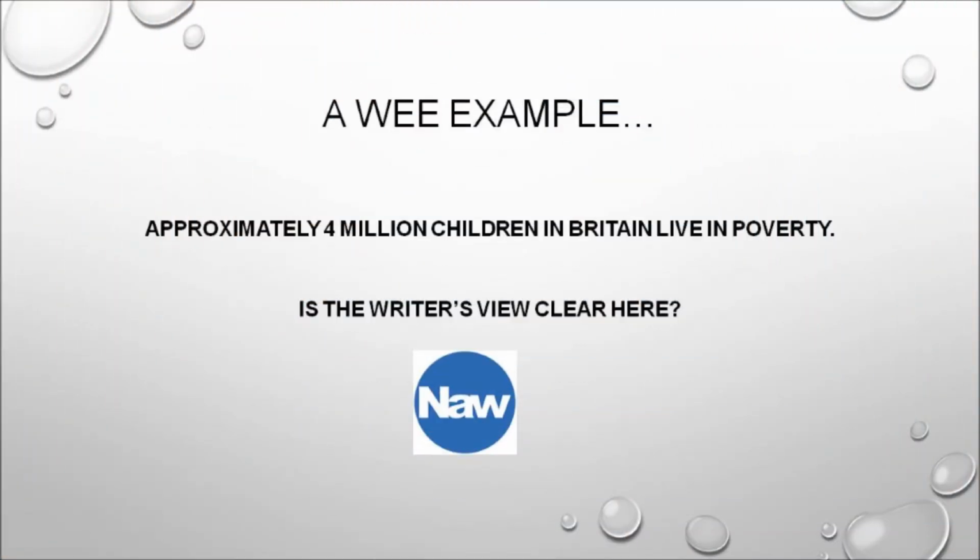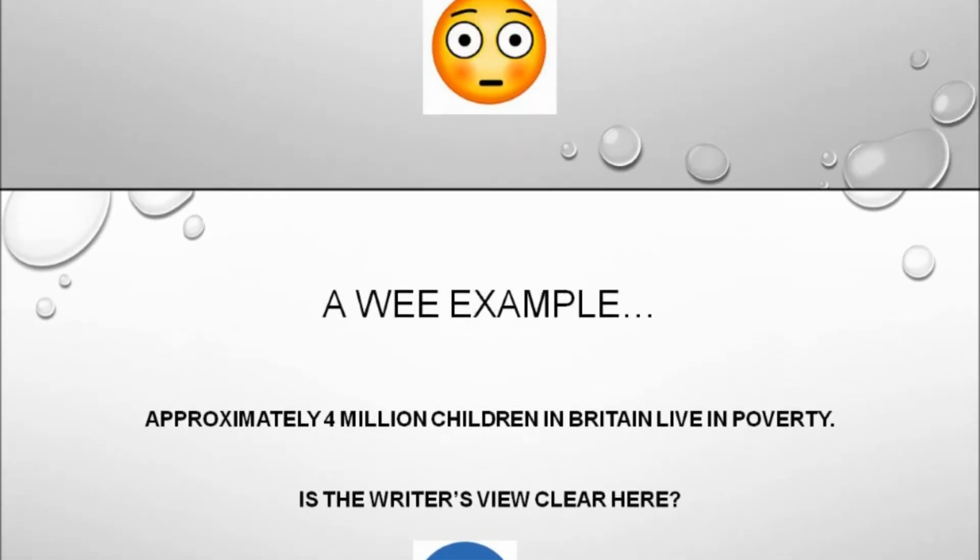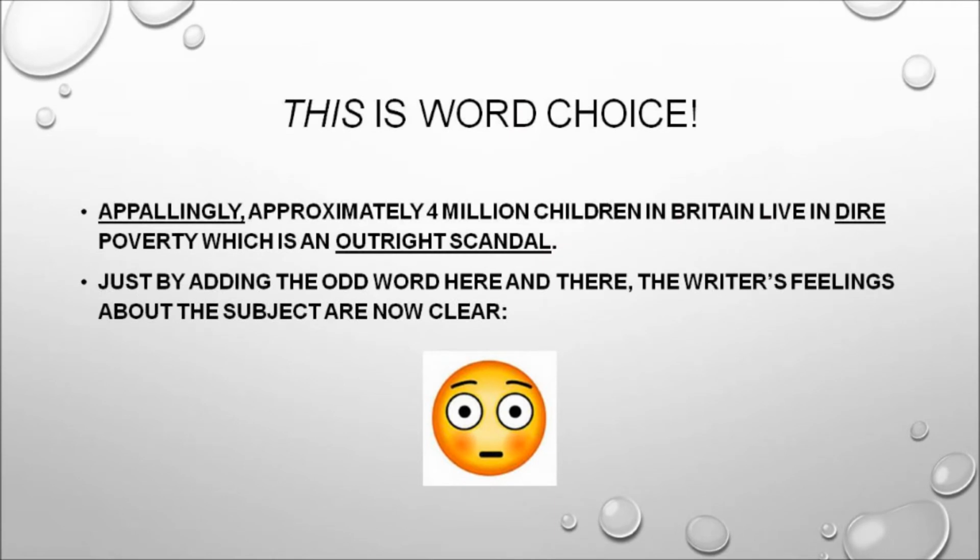Right, so a wee example of this. Approximately 4 million children in Britain live in poverty. So is the writer's view clear here? Do we know how he feels or she feels about that subject? No, is the answer. We don't know. Alright, but if we jazz it up with our jazz hands, and add a few more words on, we can see what word choice is.